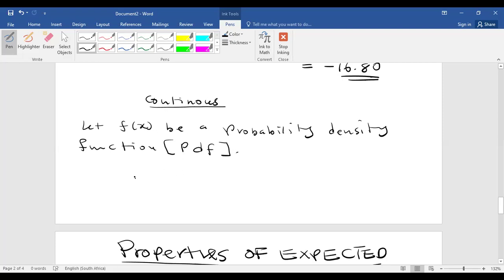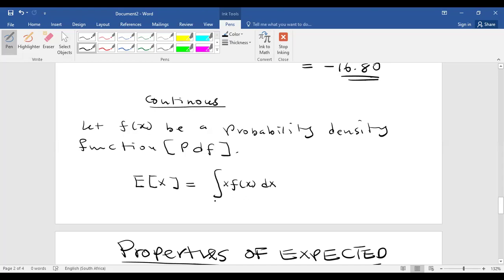To find the expected value of a continuous random variable, the formula is the integration of x times f of x dx.